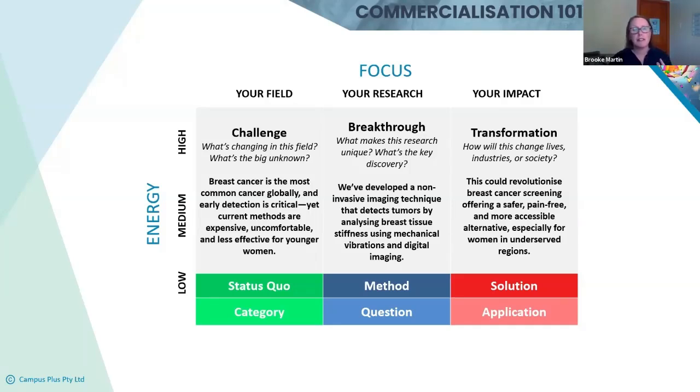And this can absolutely revolutionize breast cancer screening because it's safer, it's pain-free, and it's more accessible, especially for women in underserved regions, right? So the cadence has completely changed. The passion has completely changed. We've gone from I'm a mechanical engineer to I'm actually revolutionizing and changing the world.